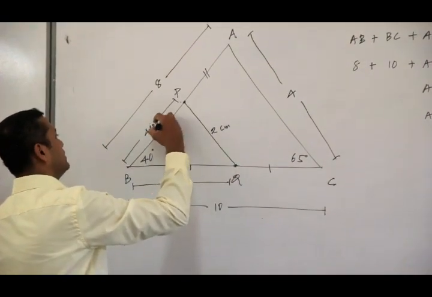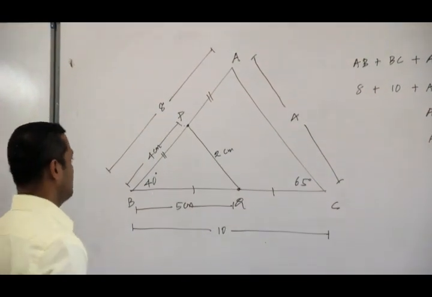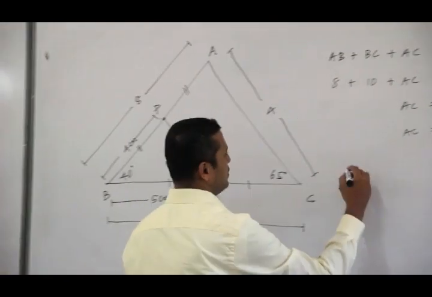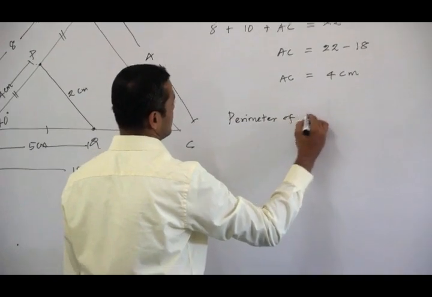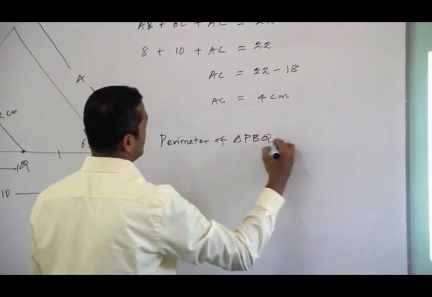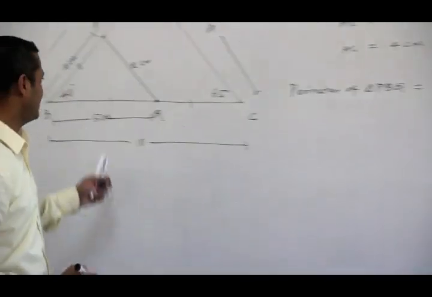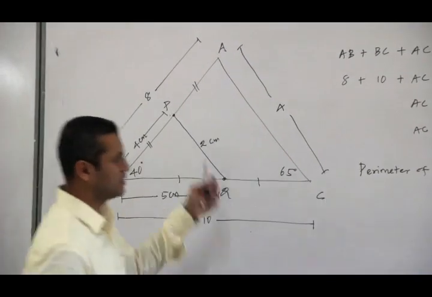Then how will you find the perimeter of PBQ? By adding the three sides, right? 5 plus 4 plus 2.